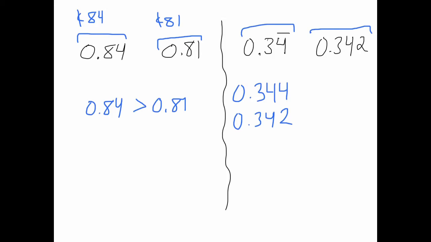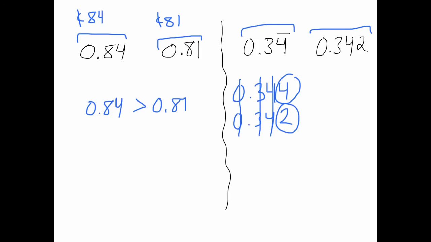A really good strategy for comparing decimals is to line them up like this, and they both have 0 in the ones place, a 3 in the tenths place, a 4 in the hundredths place. So now we're looking at the thousandths place. Which one is greater? The 3, 4, repeating 4 is greater.